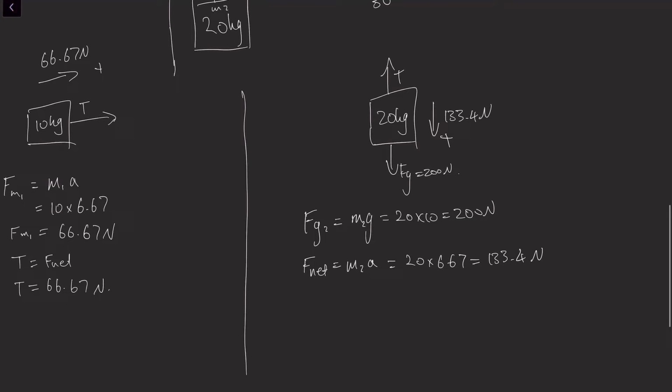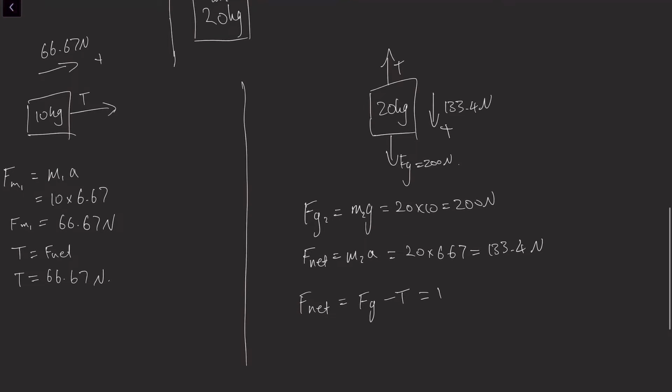Good. So now we have another equation for the net force. How come we've got a weight of 200 newtons, but the actual net force that this body is experiencing is only 133.4? So there must be a difference. And it just so happens that there is. We, again, look at Fg minus T. The difference in the vertical components is the net force that we're feeling. And this net force equals 133.4.